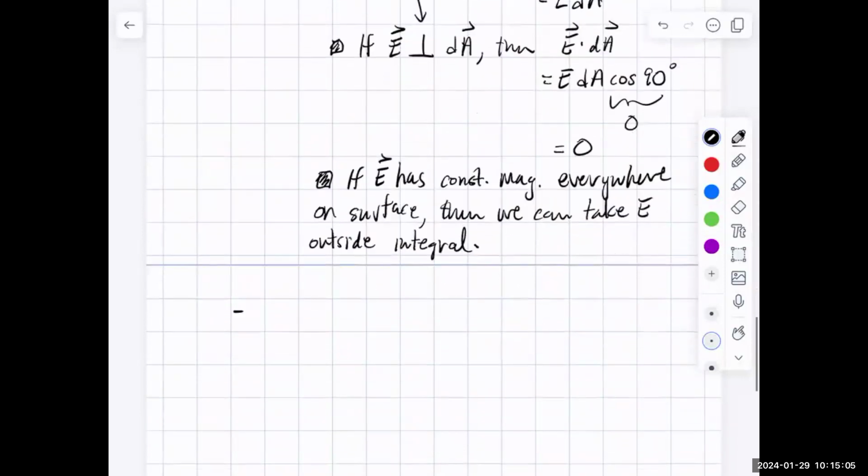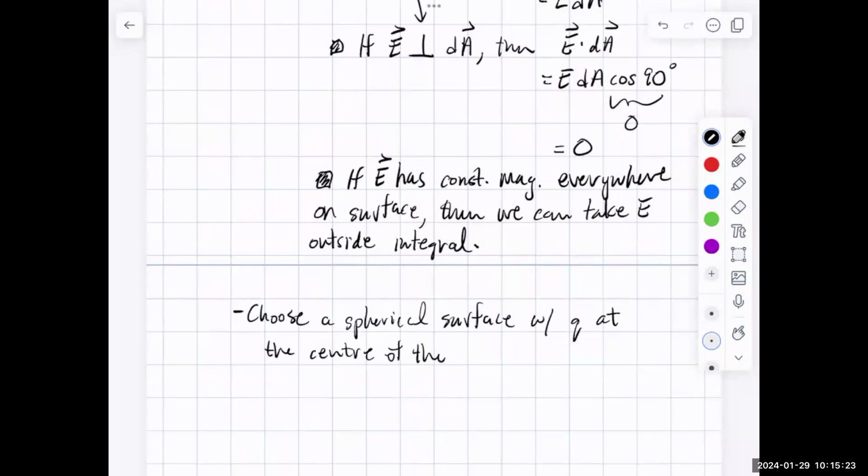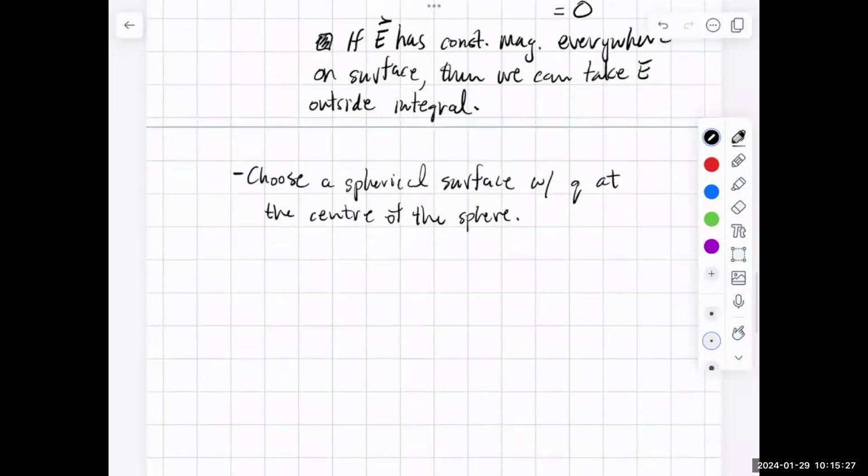Okay, so what we're going to do is we're going to choose a spherical surface with Q at the center of the sphere. Okay, so let's draw it. So our surface would be a sphere. And so, okay, we'll try to represent the fact that this is a 3D sphere.